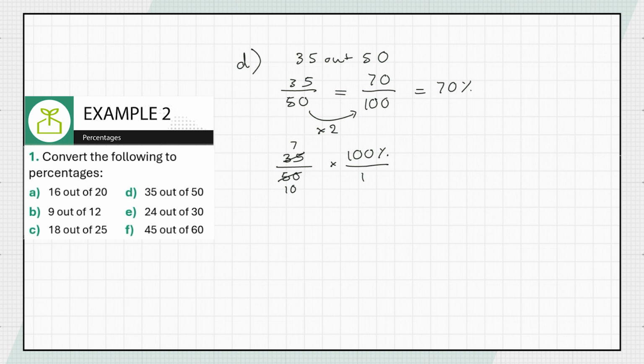And then I'll look diagonally between the 10 and the 100, and I'll know that the common factor there is 10, and so I'll cancel this and divide it by 10 and get 1, and I'll divide this by 10 and I will get 10. And we're left with 7 over 1 multiplied by 10% over 1, which is just going to be equal to, as we had at the top, 70%.